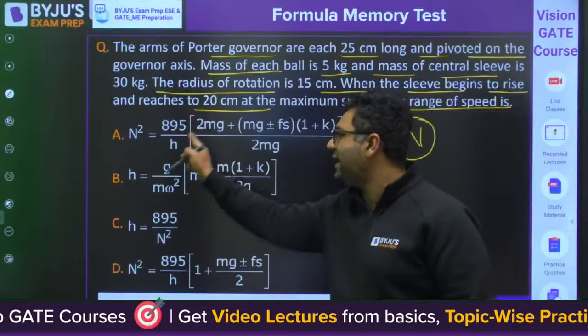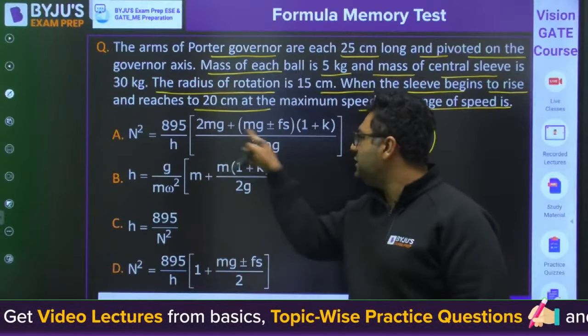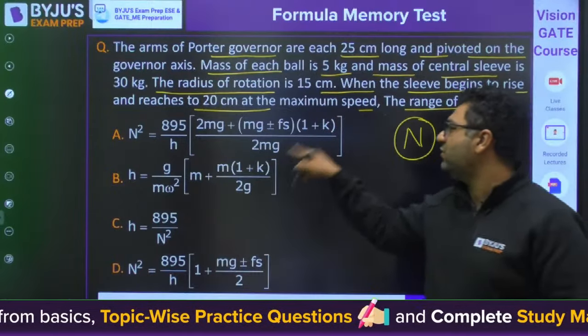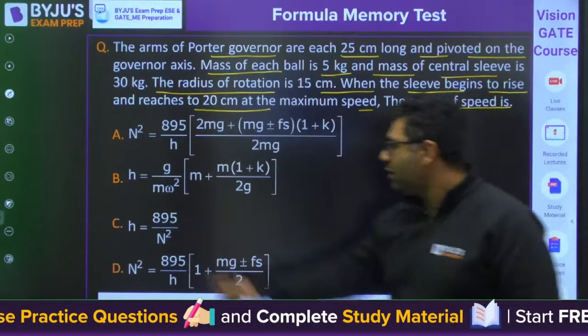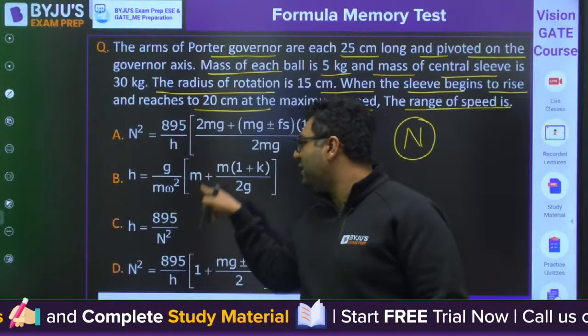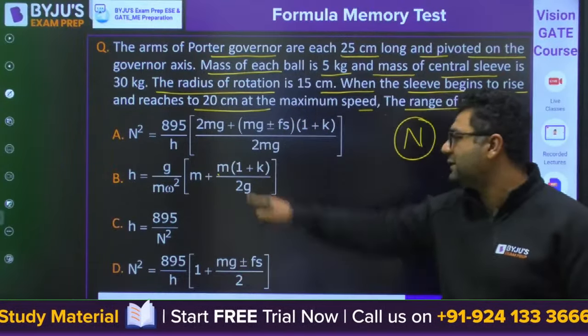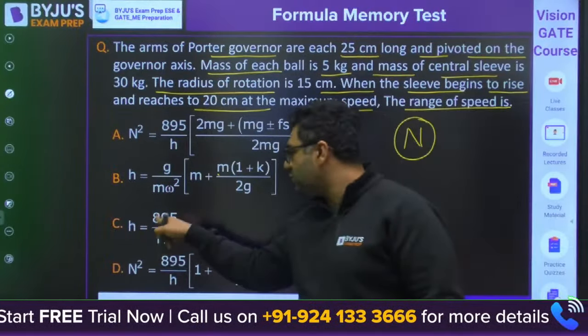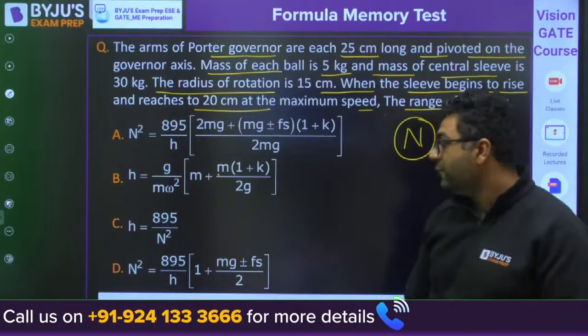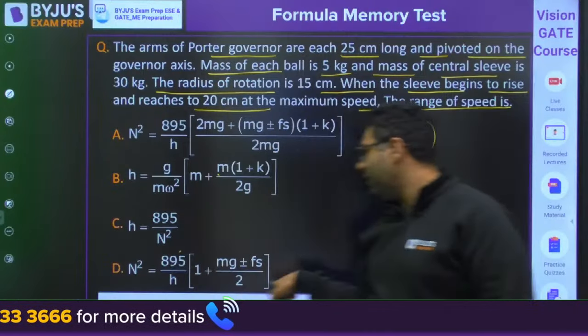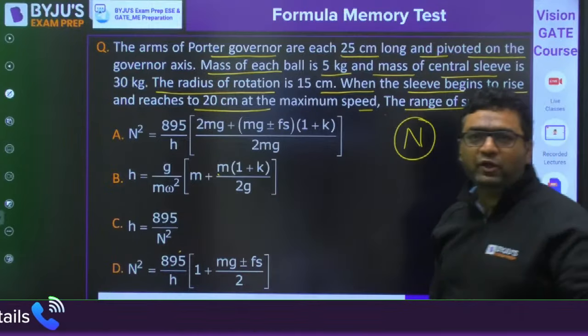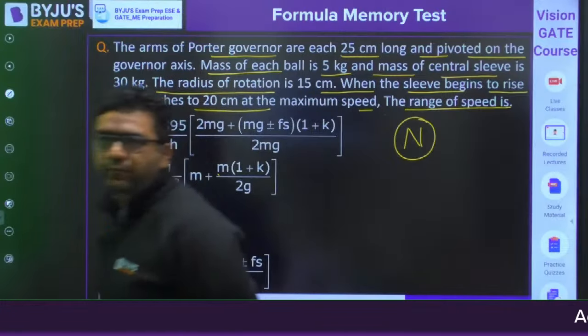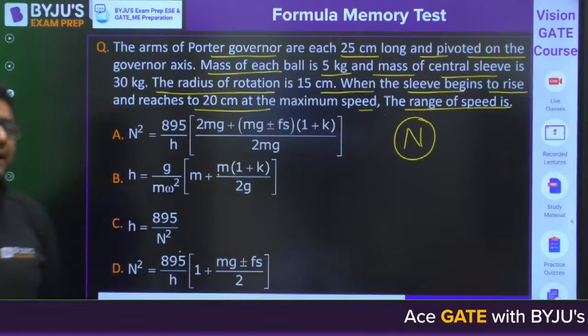N square is 895 by h, (2 mg plus minus Fs)(1 plus k) by 2 mg, or h is equal to g by omega square times (m plus M)(1 plus k) by 2g, or h is equal to 895 by N square, or N square is 895 by h. Let us see how many of you give the right answer. Please tell me what would be the right answer.